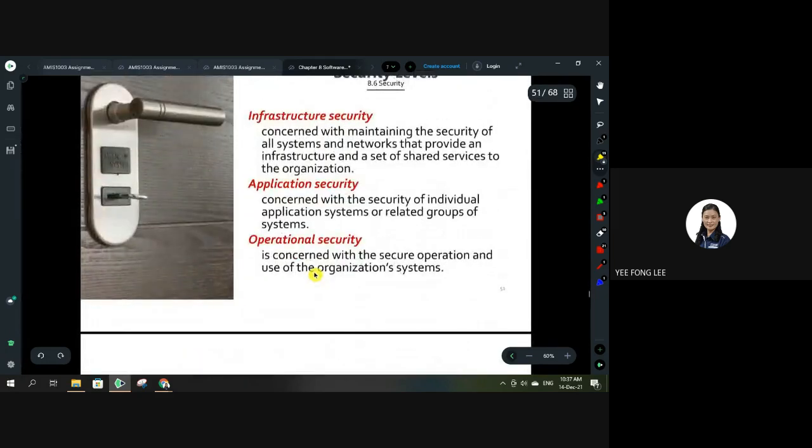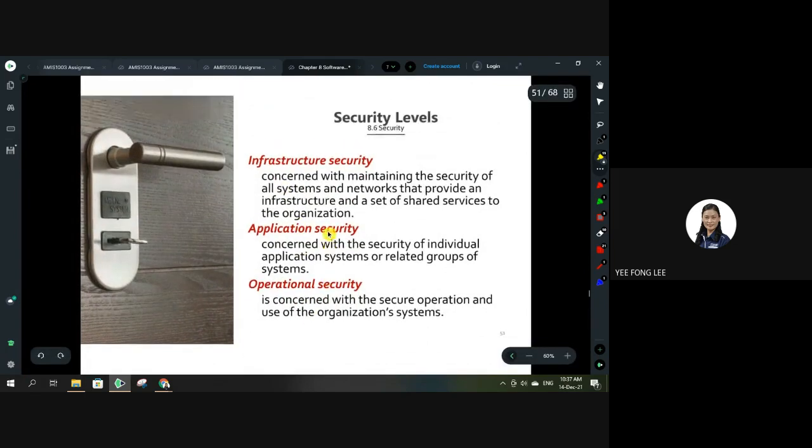Security levels. From an organization perspective, security is to be considered at 3 different levels: infrastructure, application, and operational. Infrastructure security is concerned with maintaining the security of all systems and networks.